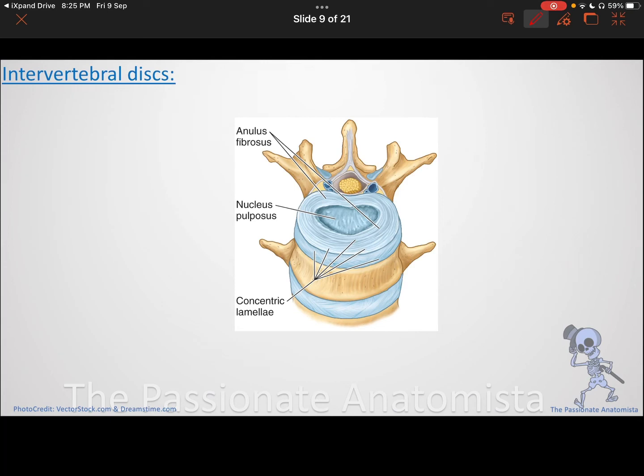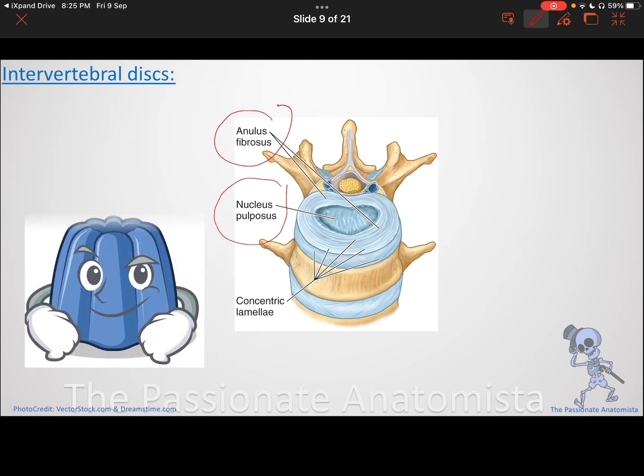Now, coming to the next point, it's the intervertebral discs. What does the intervertebral disc do? They connect your vertebral bodies together. What are they formed of? They are basically formed of two important parts: the annulus fibrosus outside and the nucleus pulposus inside. The word pulposus means kind of gelatinous material.